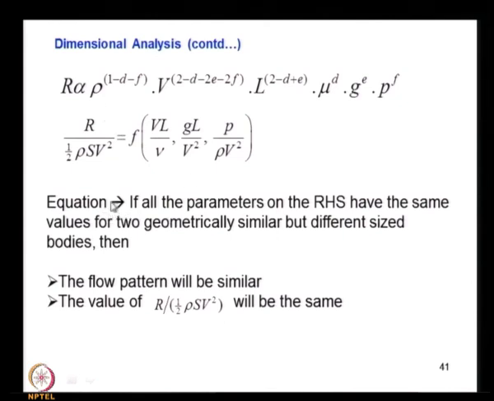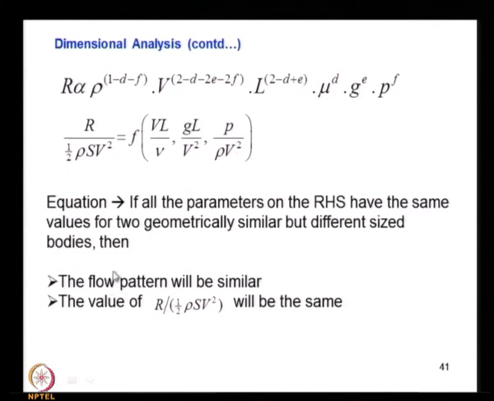So, if all the parameters on the right hand side have the same value for 2 geometrically similar but different size bodies, that is, one model and the other an actual ship, then this quantity also remains the same. So, this is a non-dimensional resistance, or a resistance coefficient. The resistance coefficient will be the same provided these parameters also remain the same for model and prototype. We will see subsequently whether this is possible.